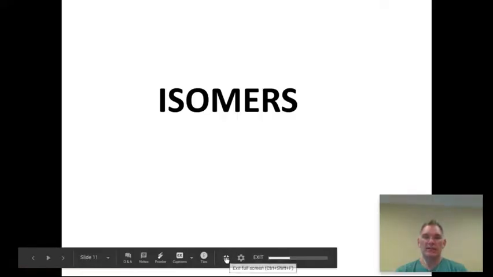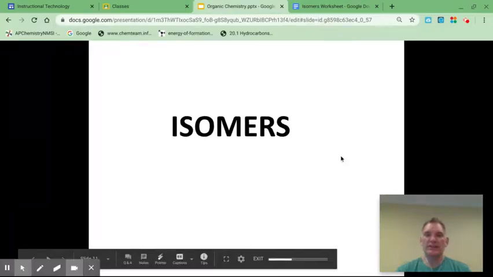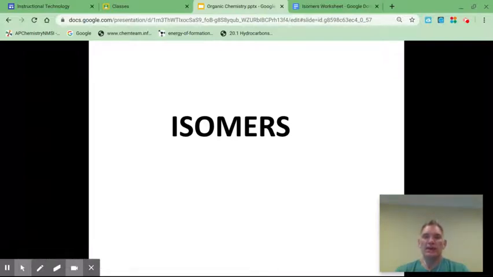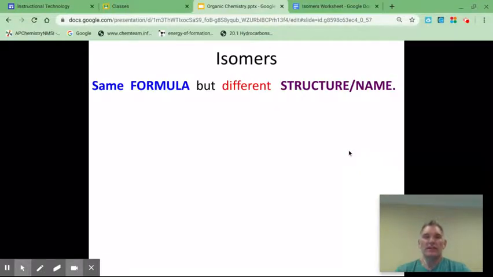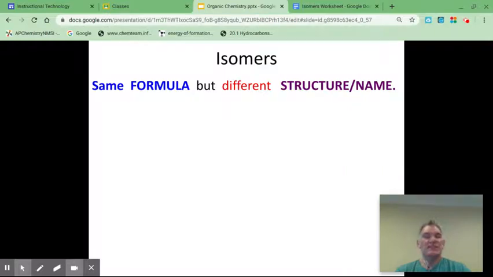Today, we're going to move on in our organic chemistry and talk about the concept of isomers, which is a very important concept in organic chemistry as you move on through your science careers. Isomers in organic chemistry tell us that we can have the same formula, but a different structure.